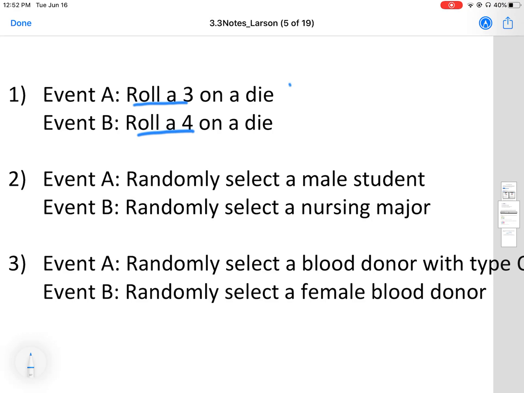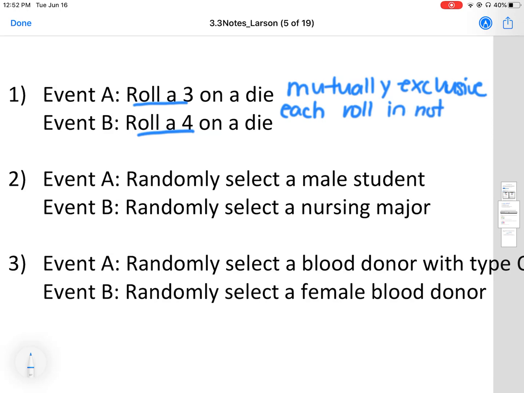So here they are mutually exclusive. Each roll is different, it's separate, so each roll is not affected by the previous.